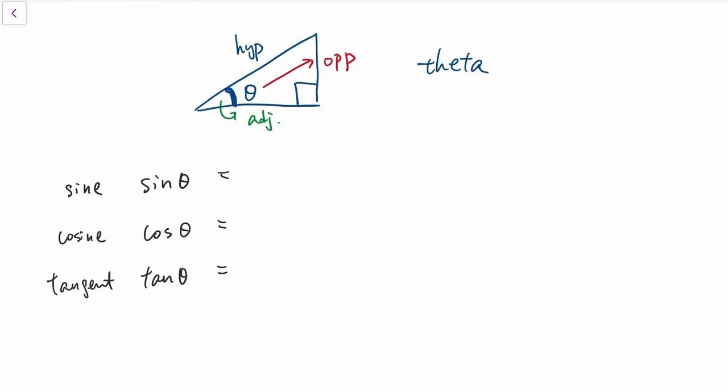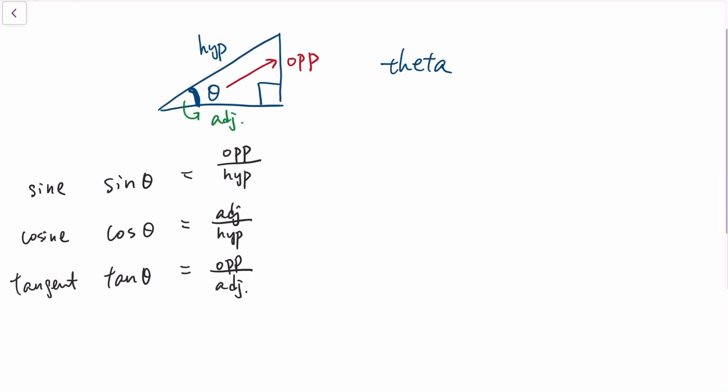So the definition is sine theta is the length of the opposite side divided by the length of the hypotenuse. Cosine is the length of the adjacent side divided by the length of the hypotenuse. And tangent is the length of the opposite side divided by the adjacent side. So eventually you'll have to memorize these in order to be able to do trigonometry. Okay.